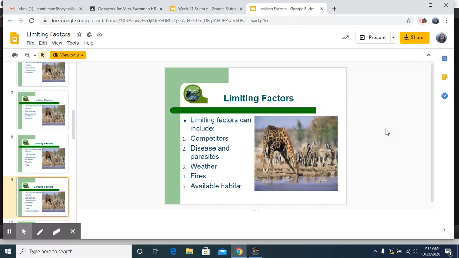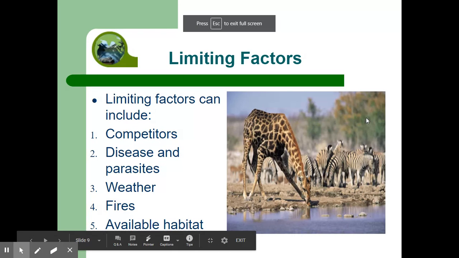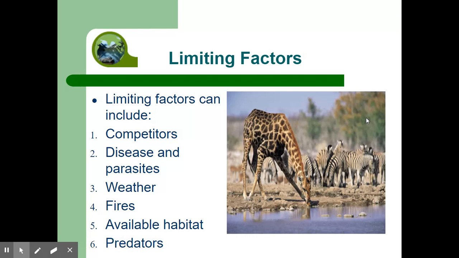So anyways, available habitat, that is another limiting factor that can impact the population growth and the survival of a population. Another one is predators. Let's just think about it.